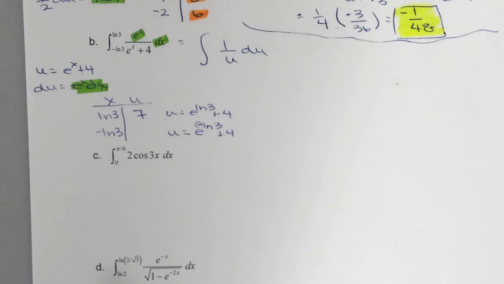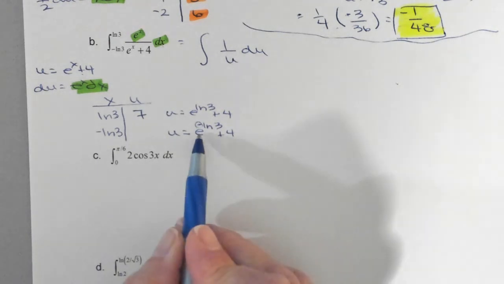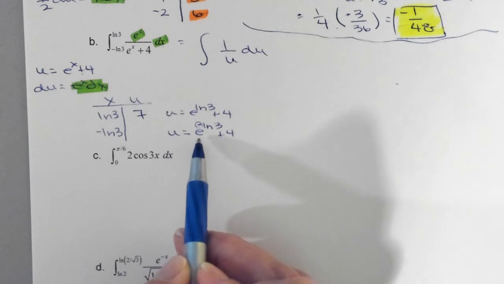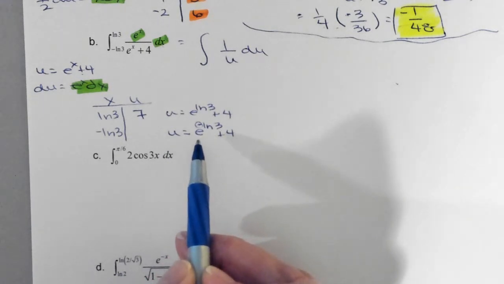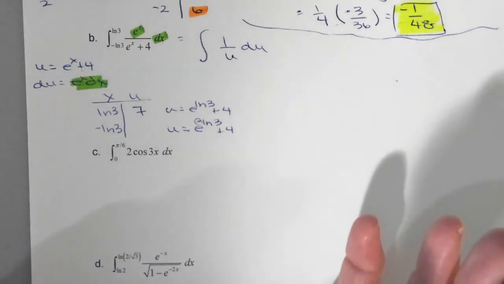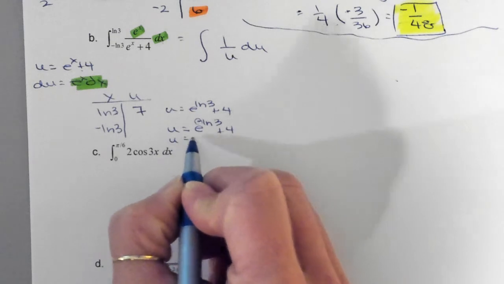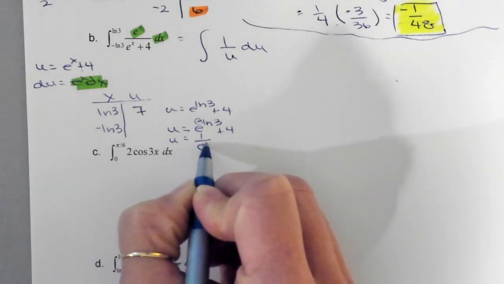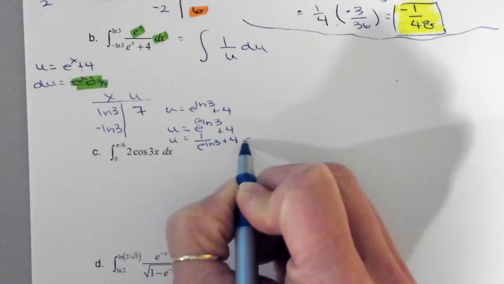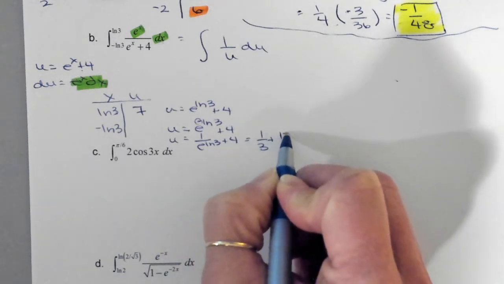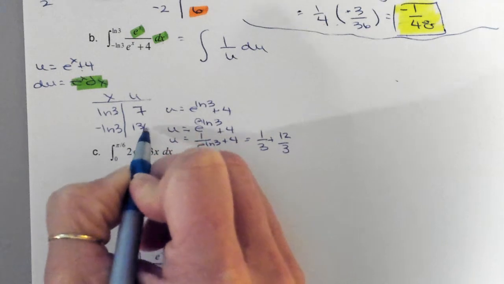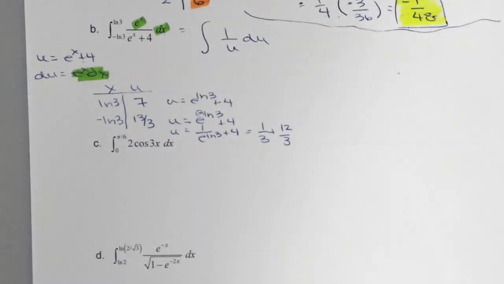Okay, if I move this to the denominator, it becomes 1 over e to the natural log of 3, so really that just becomes 1 over 3. Then I need a common denominator. So this is 1 over e to the natural log of 3 plus 4, which you then just told me is 1 over 3 plus 12 over 3, which is 13/3.